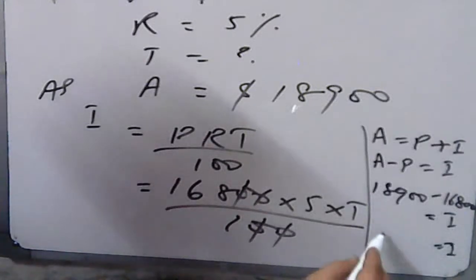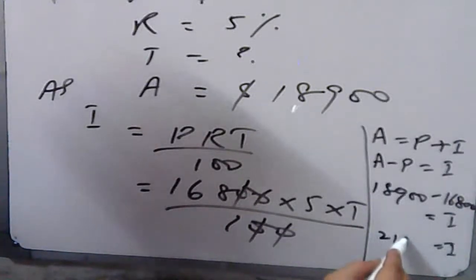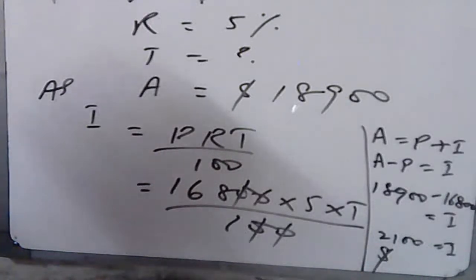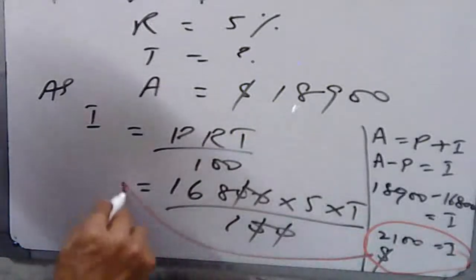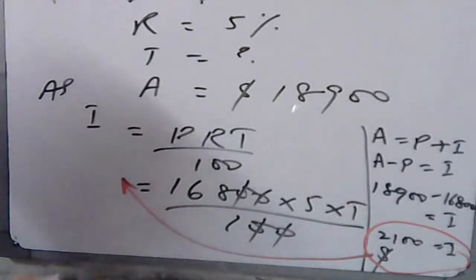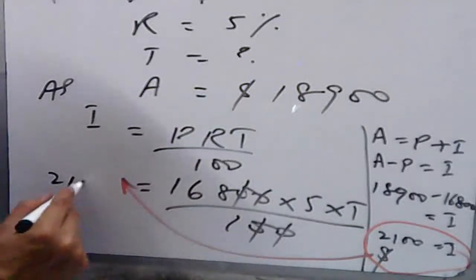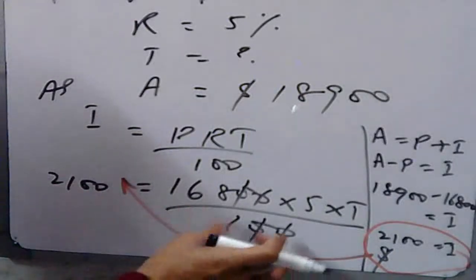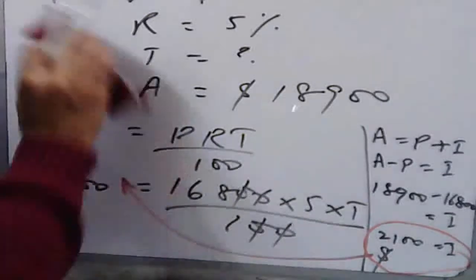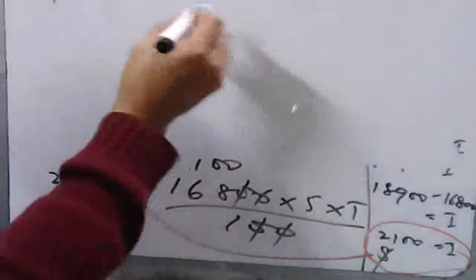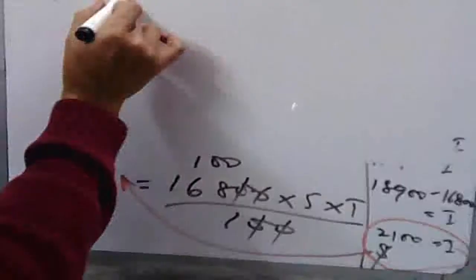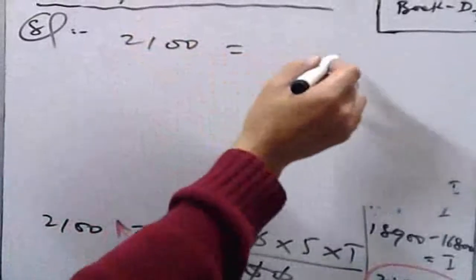So that simple interest is used here. So now interest is 2100. Now simplify it. You need T. How can you simplify it? You can see here you need the value of T. So 2100 T leave here, divided by 168 multiplied by 5.